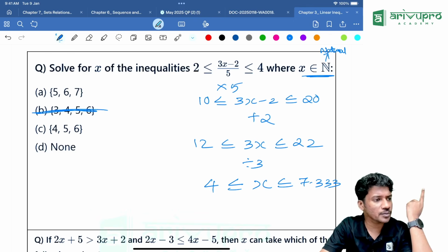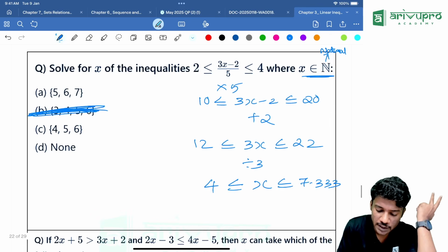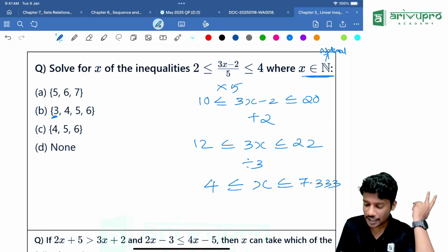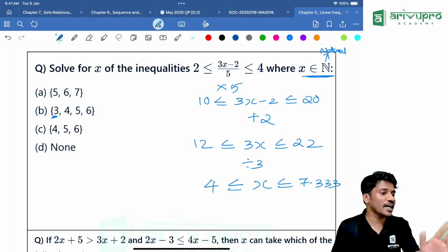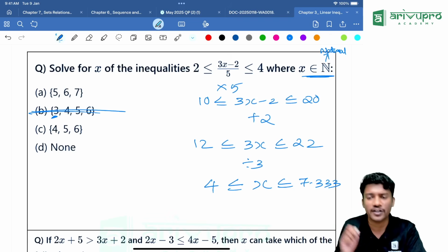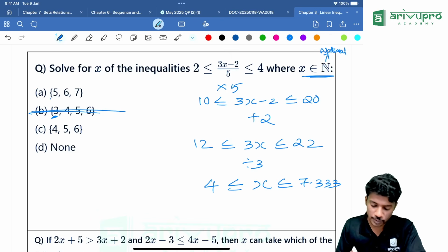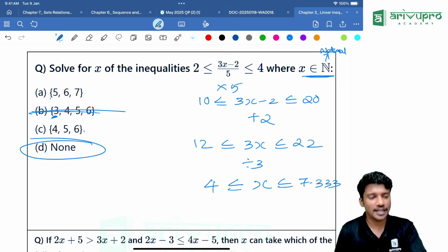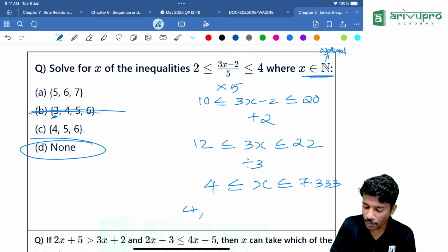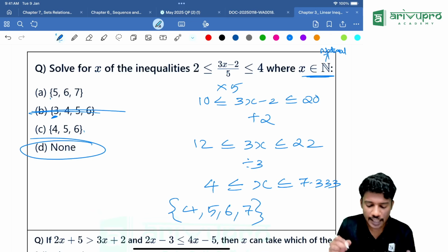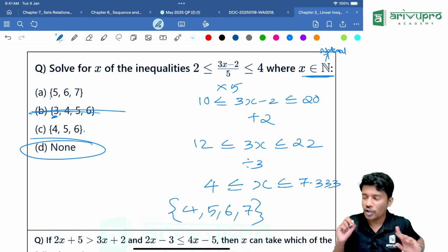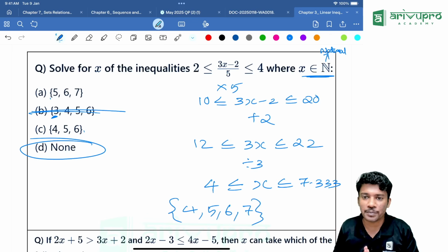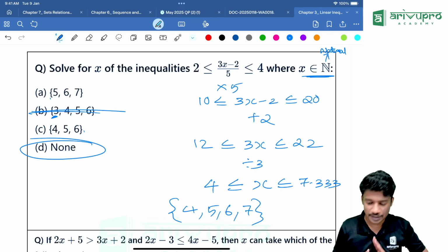C is also possible because 4, 5, 6 is possible. Why did we ignore option B? Because 3 is there, which is less than 4 itself. That is not possible. That's why option B is wrong. Option A can be possible. Option C can be possible. So the answer is none. It should be 4, 5, 6, 7. Is any option like that? No. Got the point, people? Yes, 4 elements are there.